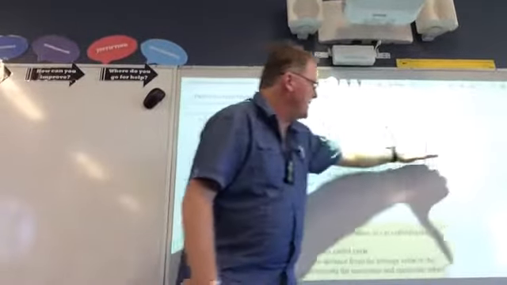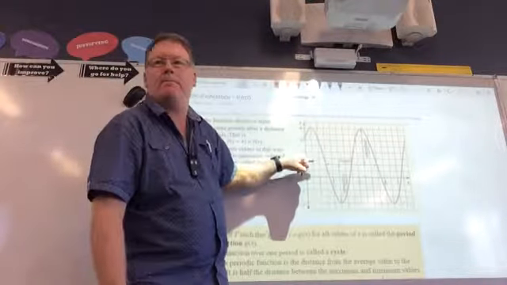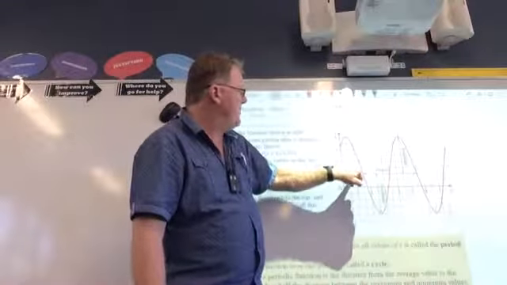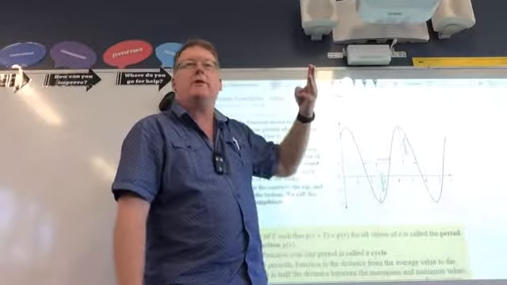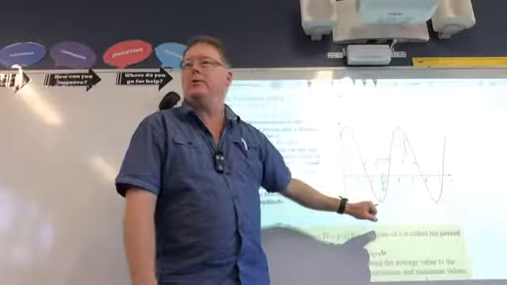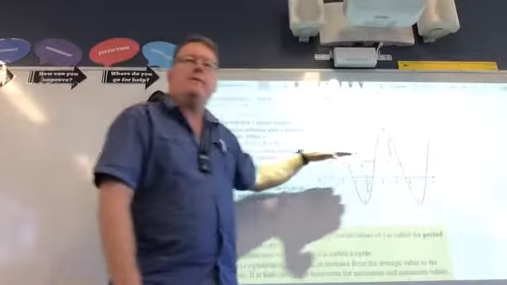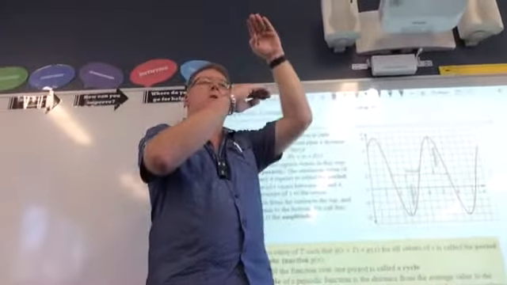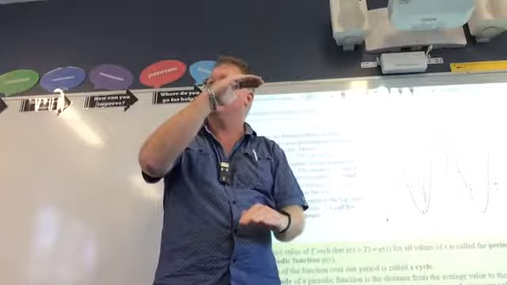So it's where it starts. In this particular graph, as you can see, the mean position's at 1, because we've got exactly the same distance up from 1 to 4, so 3 units, as it goes down from 1 to minus 2, which is 3 units. So its mean position is at 1. The amplitude is measured from the mean position to the peak and the mean position to the trough.